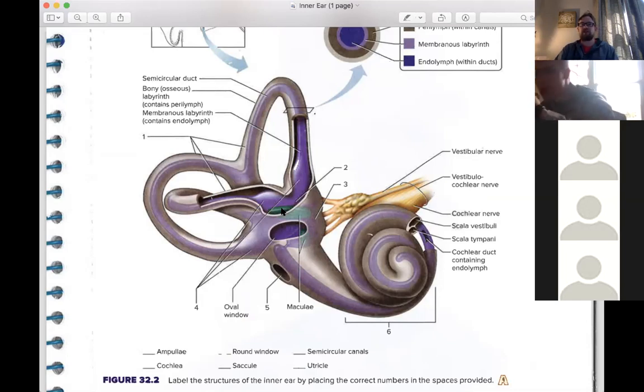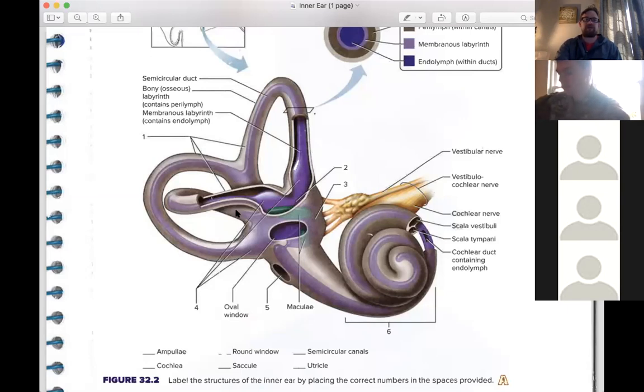Let's talk about the semicircular canals next, and then we'll move into the cochlea. You can see you have 3 semicircular canals, and the relationship between all of them is at 90-degree angles. Through the semicircular canals runs a fluid called perilymph, which rushes over cells you would find in section number 4. At the end of each semicircular canal, you can see it bulges, like it's swollen a little bit.